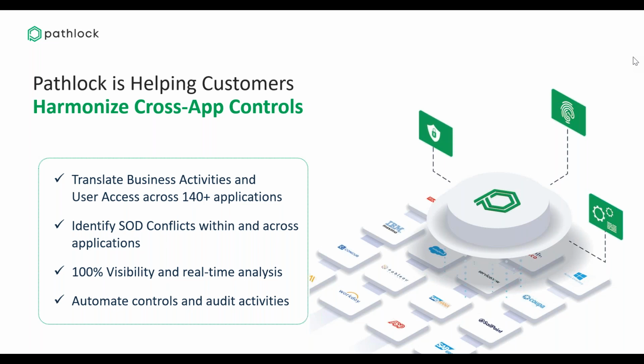Again, as you saw in some of these best practice recommendations, it ties back down to getting visibility into the access, getting visibility into the usage, and then bringing automation to your controls and audit activities to help realize the benefits there. Go to the next slide real quick.